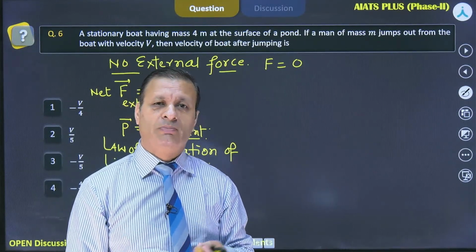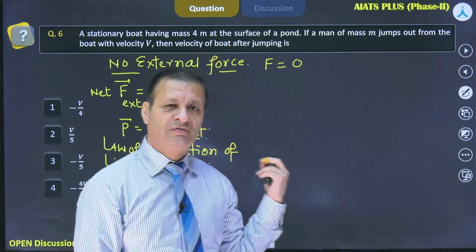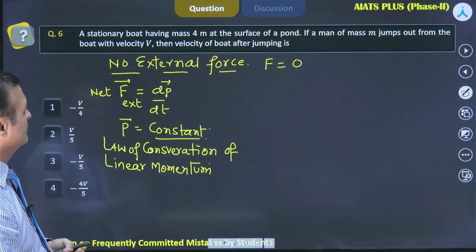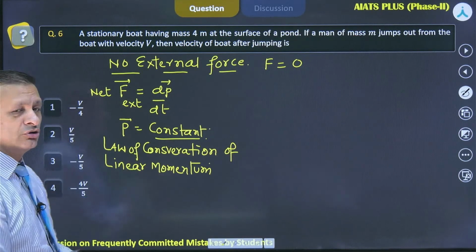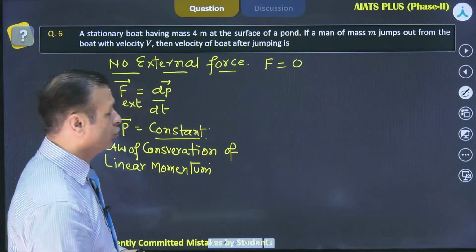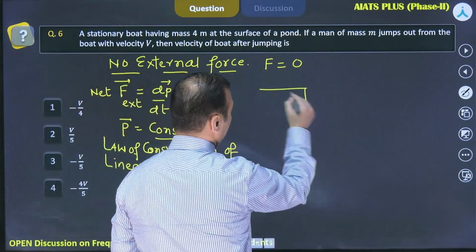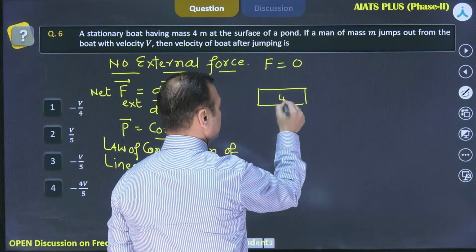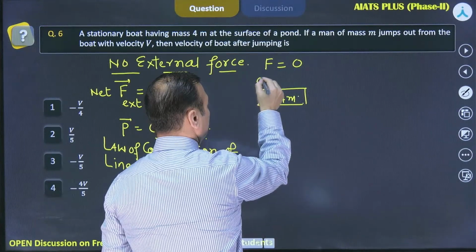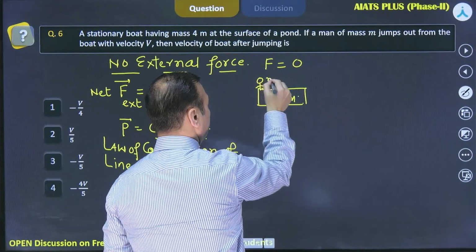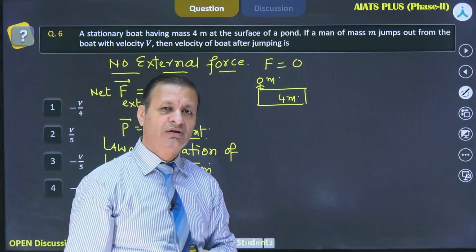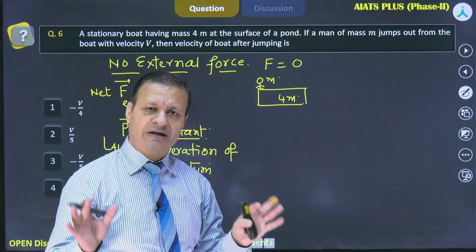So what other common numerical problems you may find from these kind of situational physics. So this is based on the law of conservation of linear momentum. Stationary boat. So you have a boat of mass 4m and definitely a man is there of mass m. So initially they are at rest.